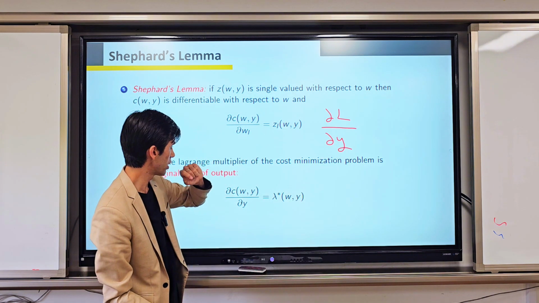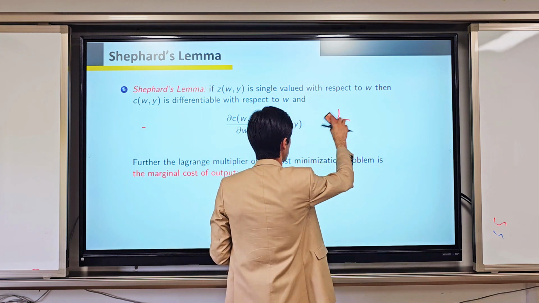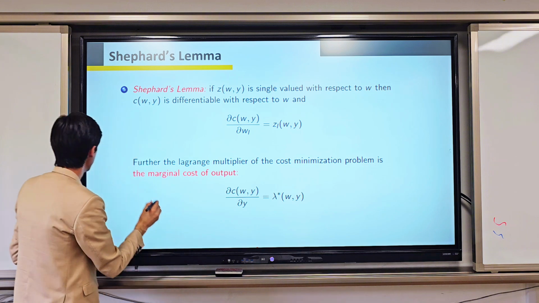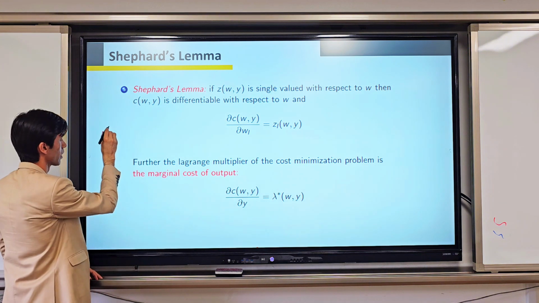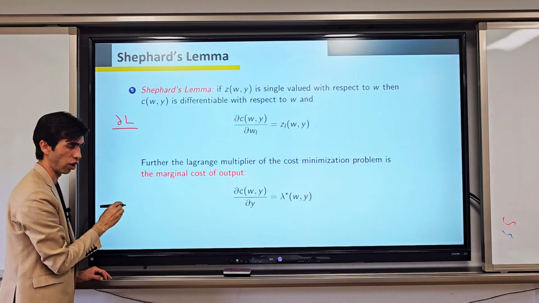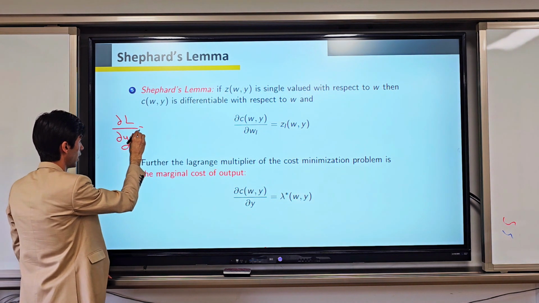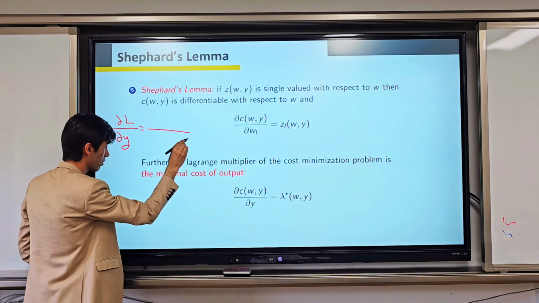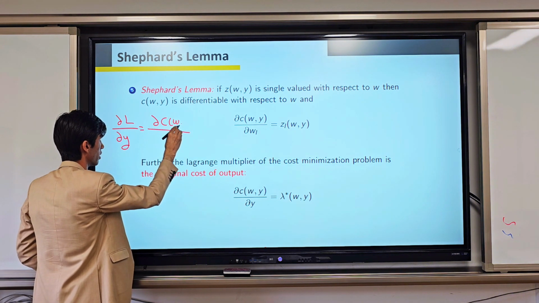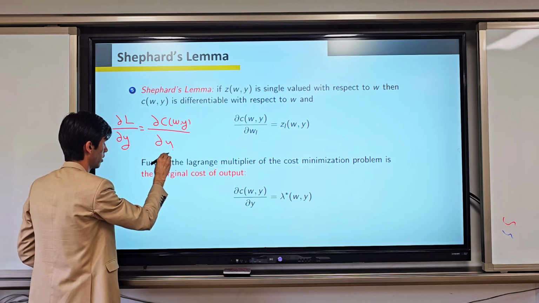Let me write down somewhere to have more space. If we take the partial derivative of the Lagrangian with respect to our output level, it is equal to the partial derivative of our cost function with respect to y.